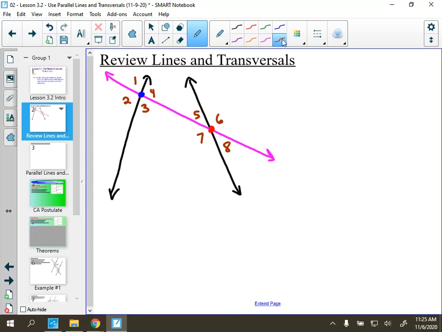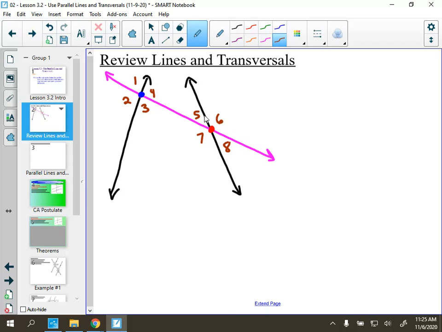The big takeaway from 3.1 was that, in addition to our vertical angles from previous lessons, like 1 and 3 would be a pair of vertical angles, 2 and 4, 5 and 8, 6 and 7, those would all be vertical angles. We know stuff about them. And in addition to our linear pairs, 1 and 4 would be a linear pair, 1 and 2, 2 and 3. Basically side by side, making a straight line.